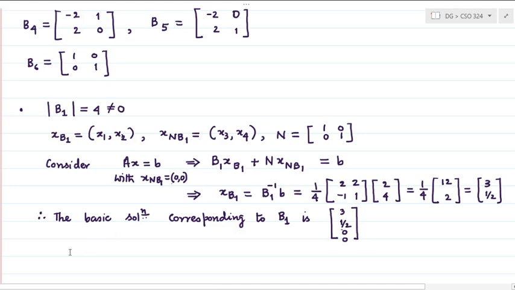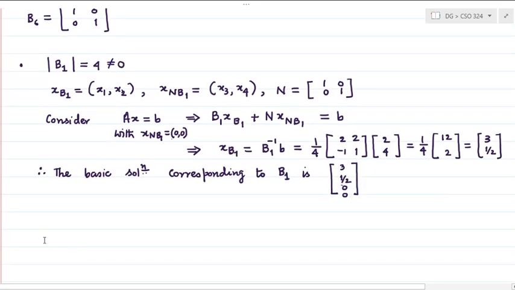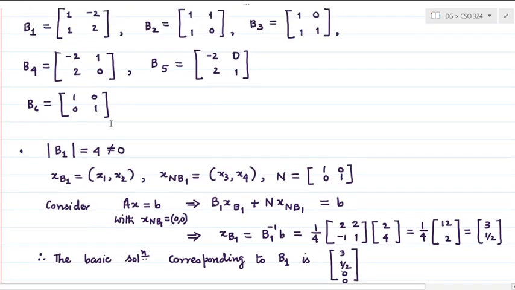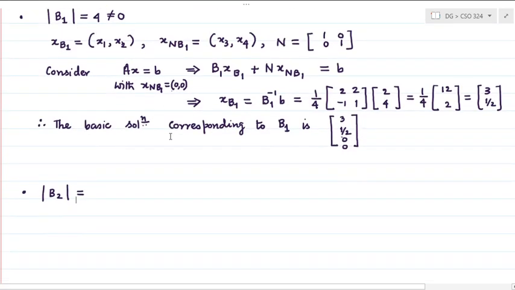Now let me go for calculating another, B2. The determinant of B2 is equal to 1 minus 1. So it is minus 1, which is not 0, therefore it is non-singular, and therefore we will have a basic solution corresponding to capital B2. Corresponding to capital B2, what are the variables?